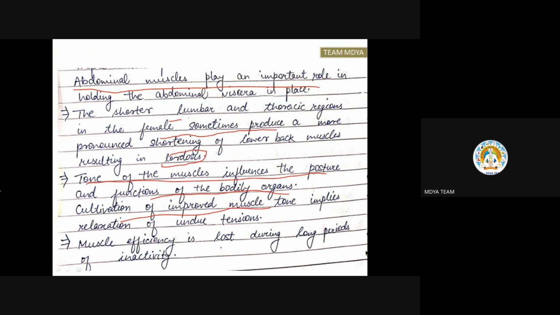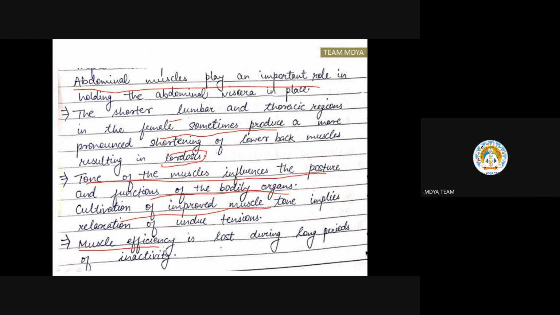When someone has a good muscle tone, they are able to relax and release the tension in the body. They will have a good posture, and they become aware of their body. When someone becomes aware of the body, they are able to release the tension in the body. This is what this point means.